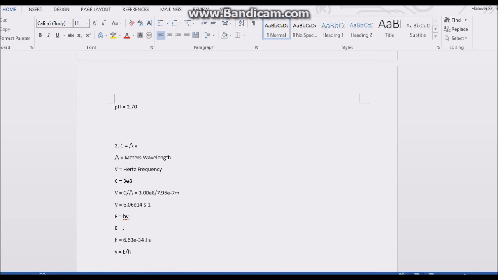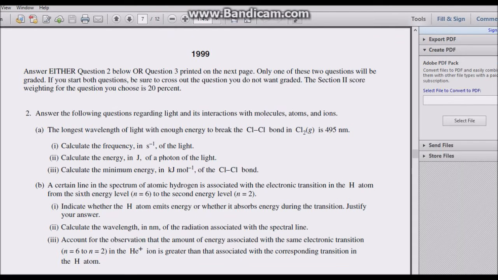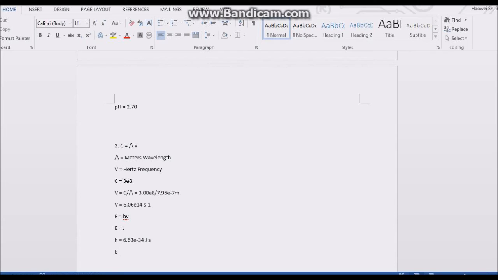Whoops, we are supposed to find the E for that. Sorry about that. So we need to find the E in joules. We found the frequency already in the last problem, which is 6.06 times 10 to the 14th power.